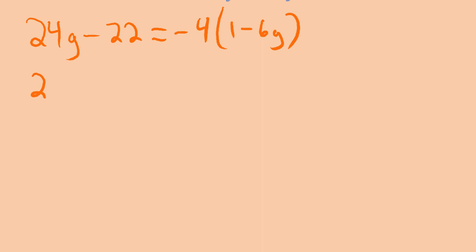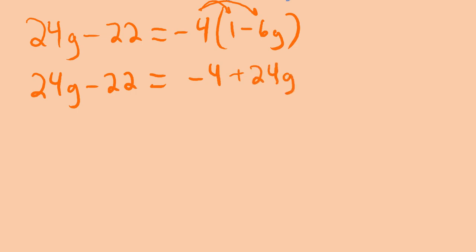Guys, if you don't have parentheses, you're just going to move right on to the next step, which is the boxes. But here we have parentheses. Negative 4 times 1 would be negative 4. You have to use the sign that is in front when you're distributing. Okay, this number is not a 4, it's a negative 4. Negative 4 times negative 6G. A negative times negative is a positive, so you get plus 24G.